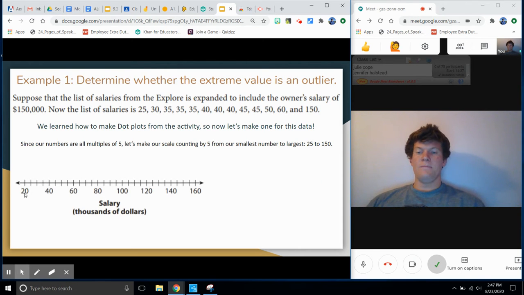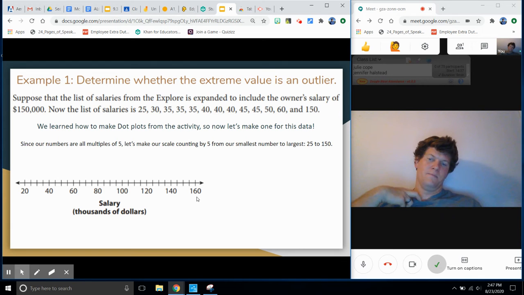I'm going to go 20 to 160 just to stretch it a little more. But there's my number line. And every notch in the line is a 5. So this is 20, 25, 30, 35, then 40. Let's start putting the data into our dot plot.